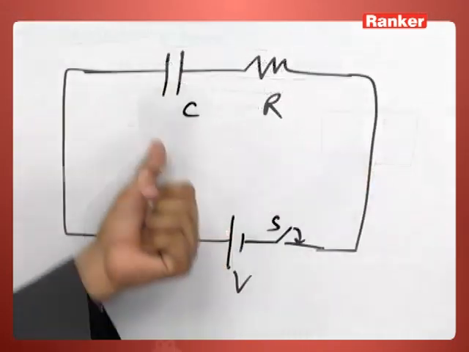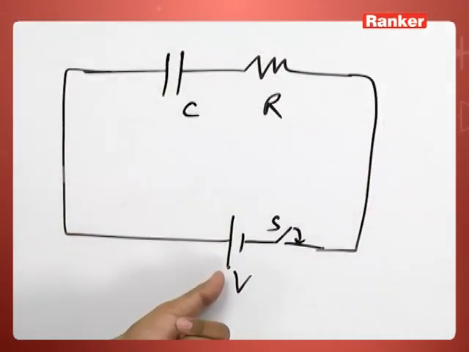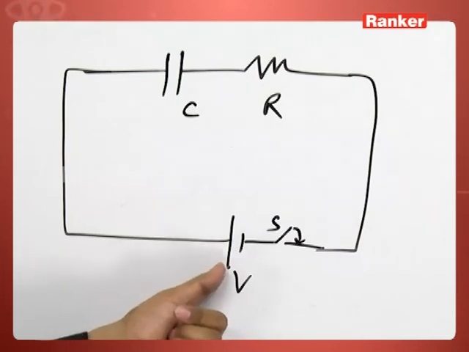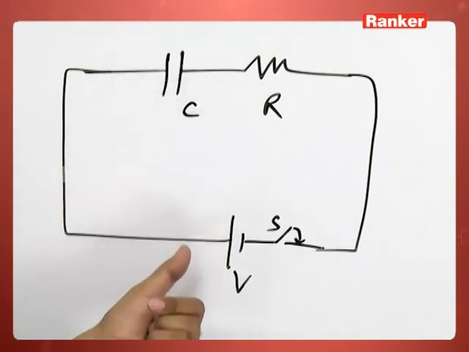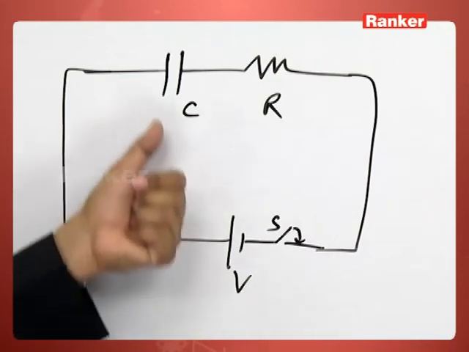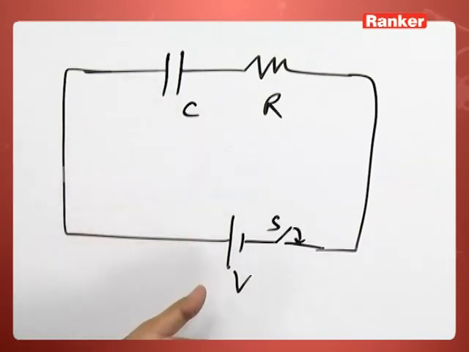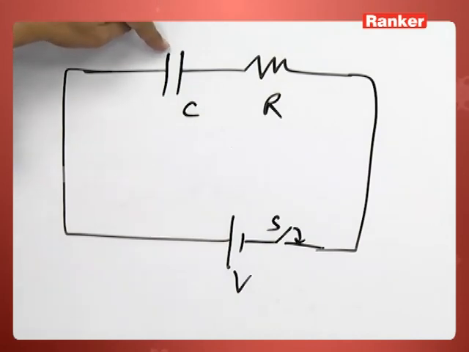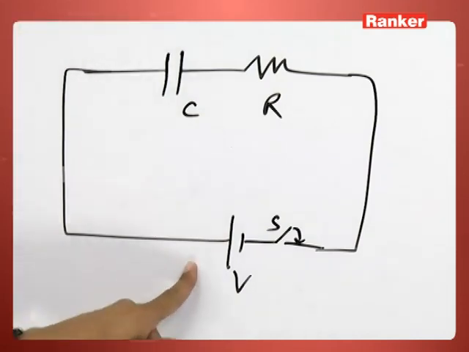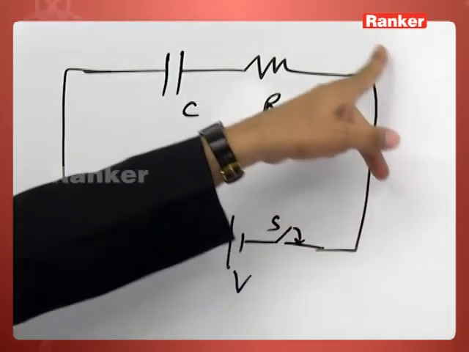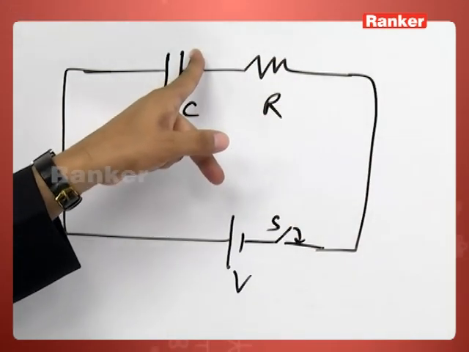Because of this potential difference between the electrodes of the battery and the plates of the capacitor, electrons start flowing from lower potential to higher potential. So electrons start flowing from this plate through the cell to this plate.